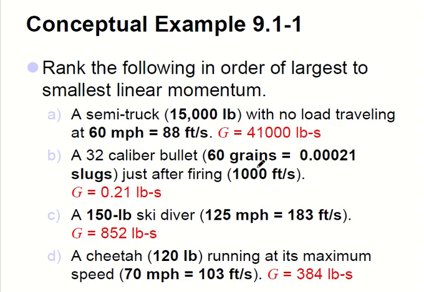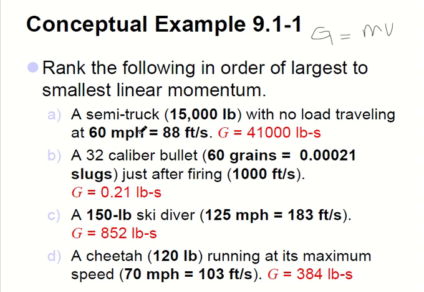So before we rank, we have to calculate, since momentum is mass with velocity. The semi truck weighs 15,000 pounds, and here is your velocity, 88 feet per second, 60 miles per hour.